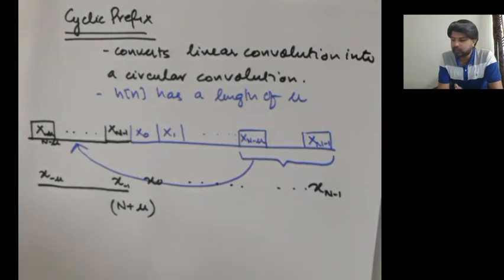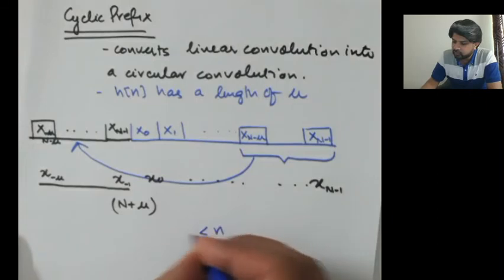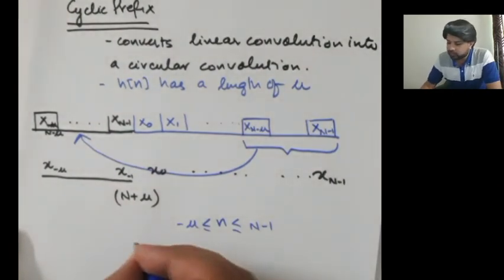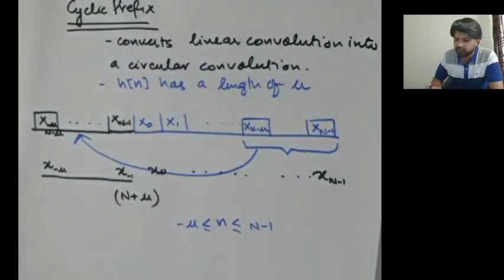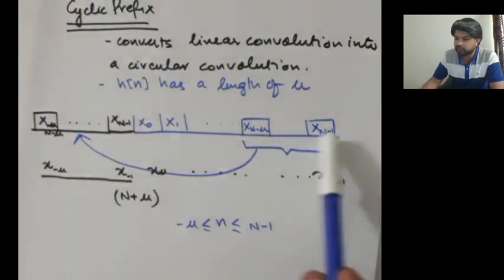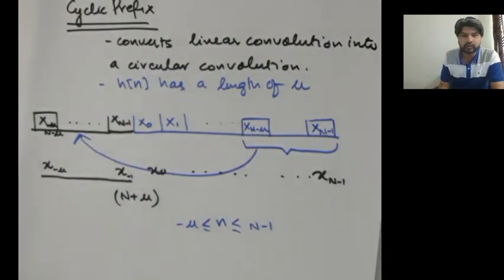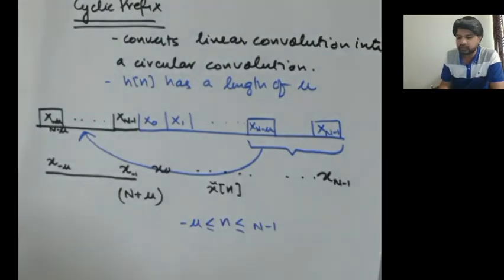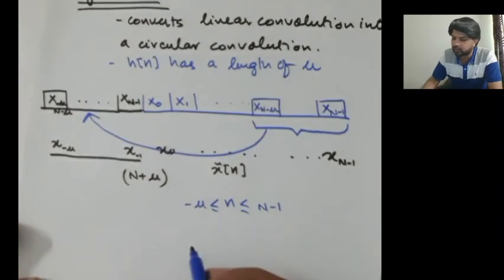and you can see that for n between minus mu and capital N minus 1, if we call this x tilde of n, so this was your x of n, and once you have done this cyclic prefixing, we call this x tilde of n. So you can see that this x tilde of n is nothing but a modulo N version of x of n for n between minus mu and capital N minus 1.